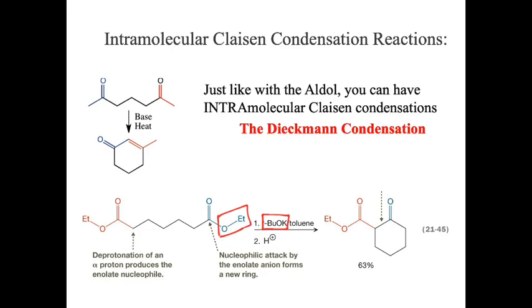T-butoxide is sterically hindered, which means its nucleophilic characteristics are probably very, very limited. So we're probably not stressed about it doing a nucleophilic attack on the carbonyl. Why use T-butoxide? It's a slightly stronger base than the ethoxide. Why is that important? Because the esters that we're starting with are not very acidic, so we need a stronger base. Okay. Make sense?